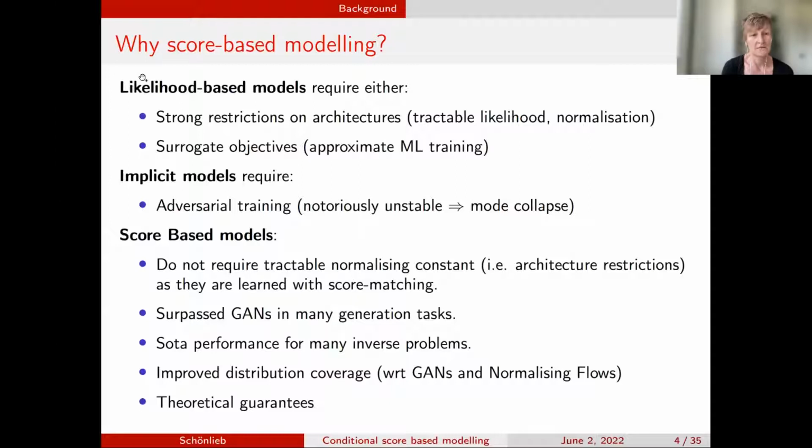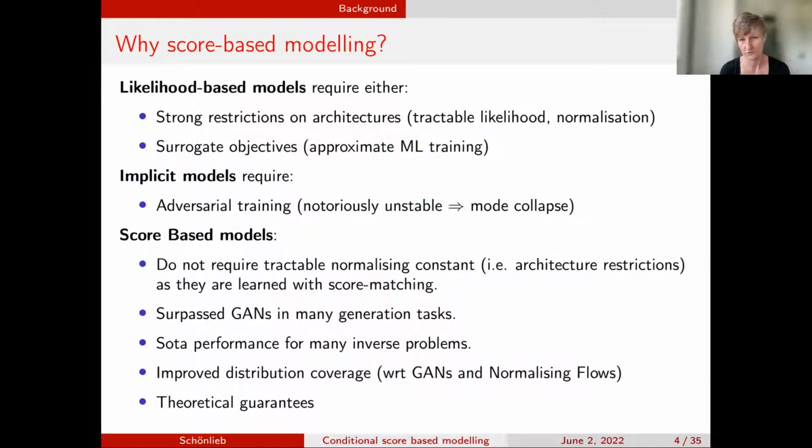So why, thinking about all these different types of generative models, could the score-based models be interesting in this context? Well, the likelihood-based models and the implicit models have certain disadvantages when you look at the methodologies that currently exist. Likelihood-based models, for instance, since you want to learn a probability density directly, this is computationally quite complex, since the state of the art now is that you approximate this probability density by a neural network, which means that you need to have restrictions on the architecture that guarantee that you get a probability density function.